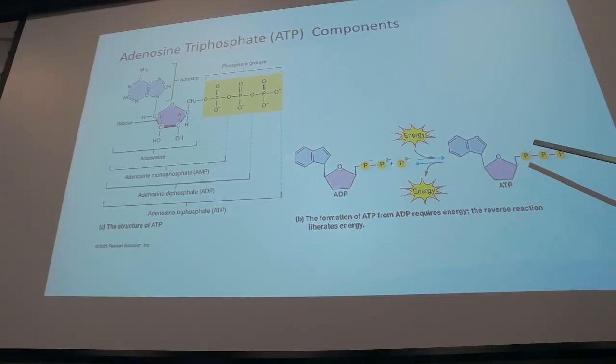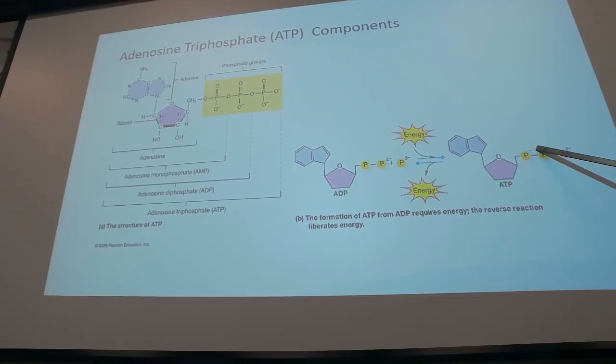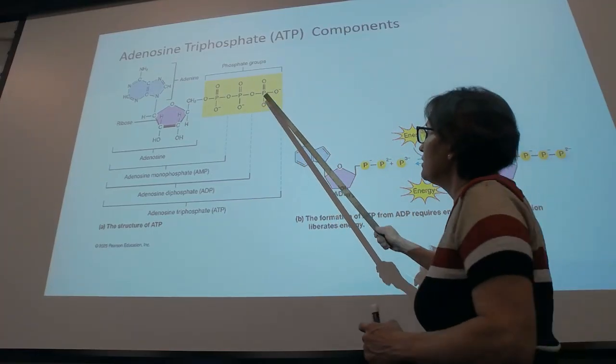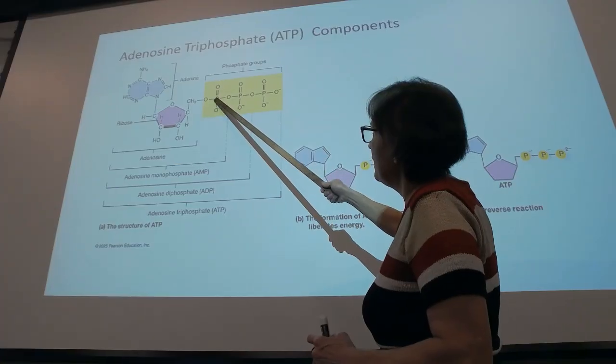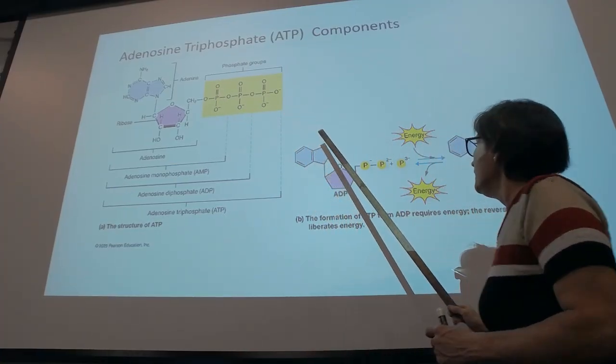So you break it down in here and then you release energy. You break down this second bond in here and then you release more energy. And then as you break down these bonds, you form from ATP first ADP, and then AMP.